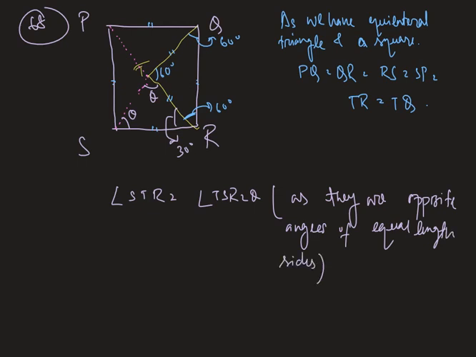Now we can say that in triangle STR, theta plus 30 degrees is equal to 180 degrees. Hence theta is equal to 180 minus 30, that means 150 divided by 2 degrees, which results in 75 degrees.